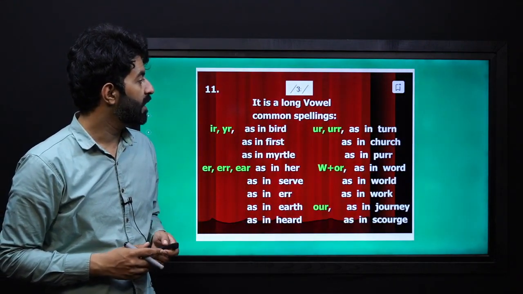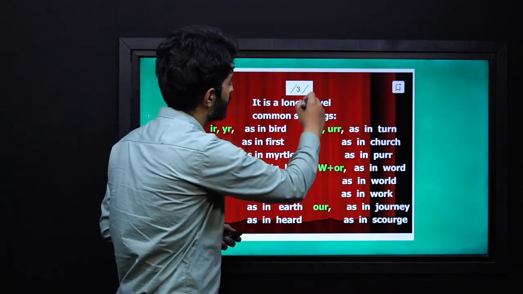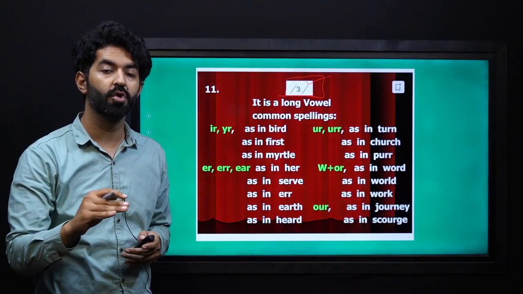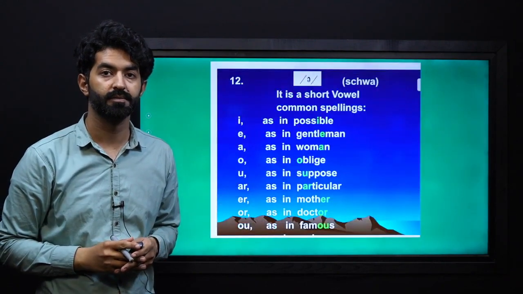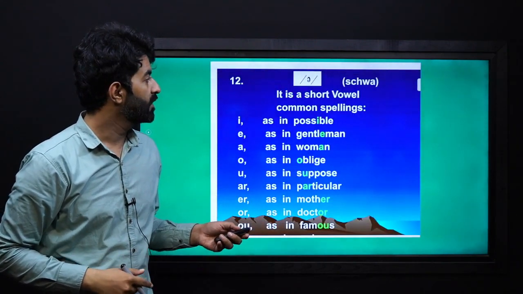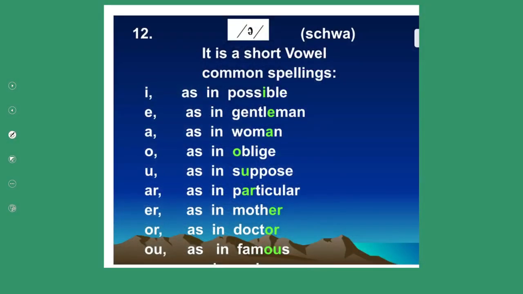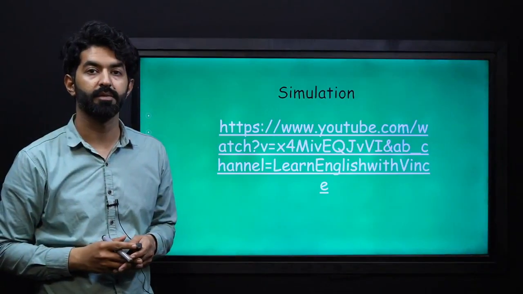Here we have another indication, an abbreviation or the phonetic sign of a long vowel in which you have to prolong the sound. Now we have the schwa sound in the form of I, in possible, in gentleman, as in woman. So we have these sounds with examples.